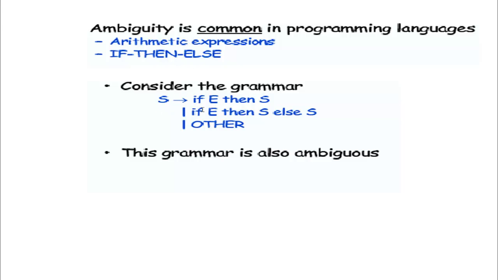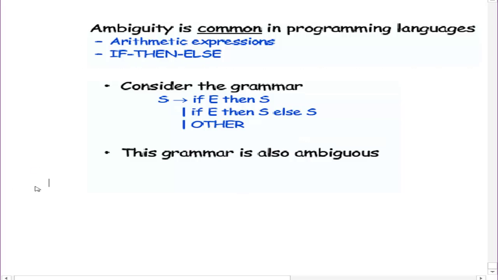It says S is derived to if E then S. So if something true or false, then this, and the other thing has an else part also: if E then S else S. That means if true, then do whatever, and else do something else, right? So this if has got an else part also. This if does not have an else part, and there may be others also, and this grammar is ambiguous.